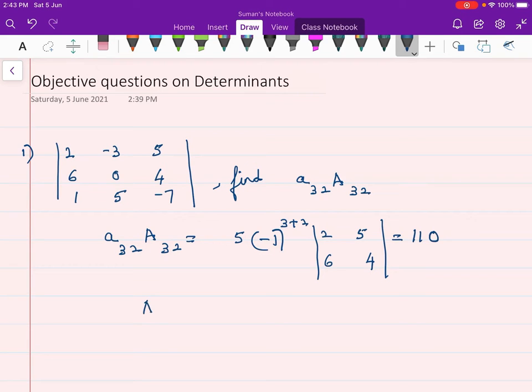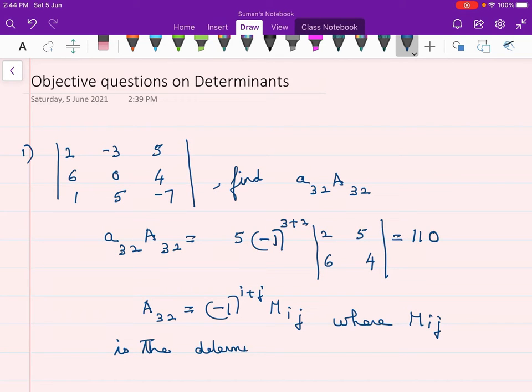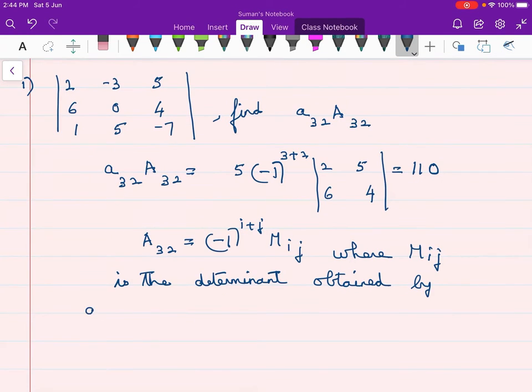For those of you who do not know, A32 is given by the formula minus 1 raised to i plus j capital Mij, where Mij is the determinant obtained by deleting the ith row and the jth column.